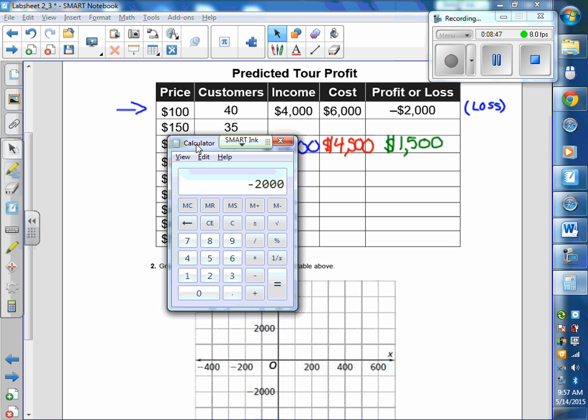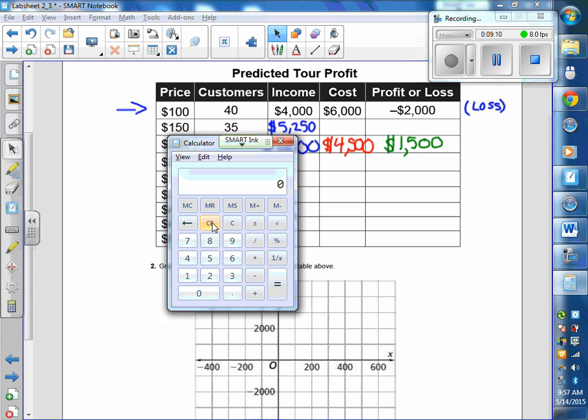We don't want to do that. So we go to the next situation. If we charge $150, our survey says we're going to get 35 customers. So my income is going to be $5,250. Don't forget, we need to calculate our costs.